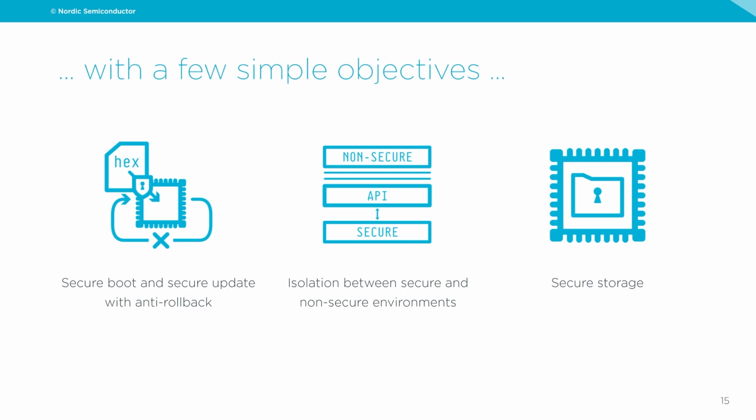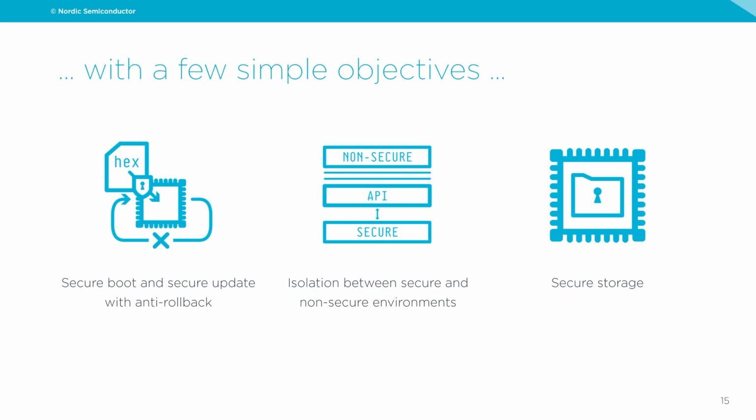And then another objective is isolation between secure and non-secure environments. So this means that within the device, there's a secure environment where the security services are running, and they are exposed to the non-secure environment, which is typically the user application, through APIs that abstract away the secure data. So they do not reveal any information about the secure environment itself.